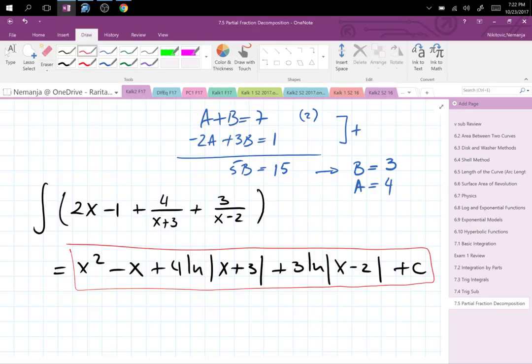Good. Try more examples for homework at home. We are going to start a stream for numerical methods in 7.7.